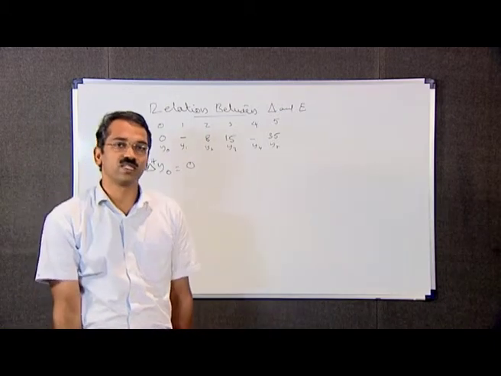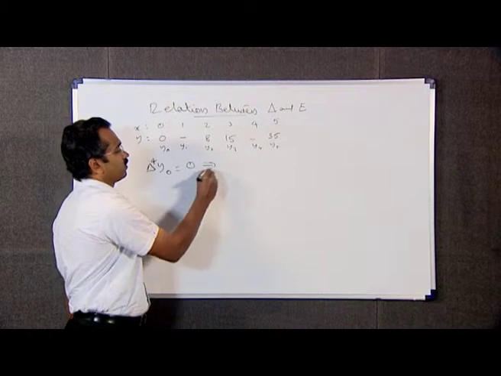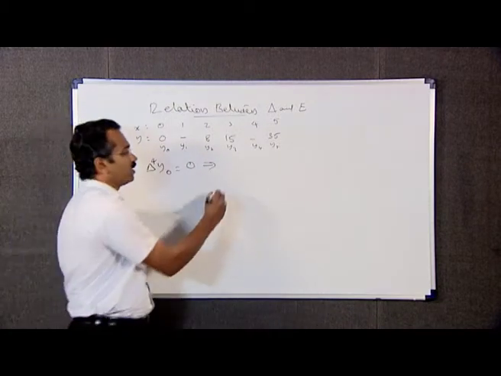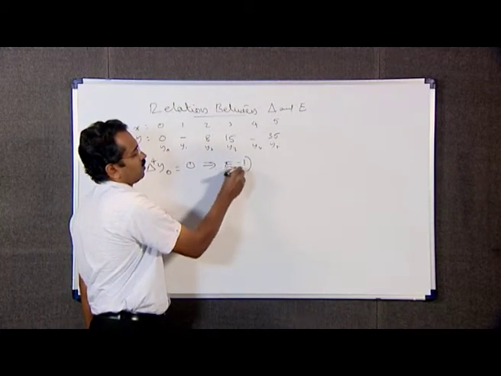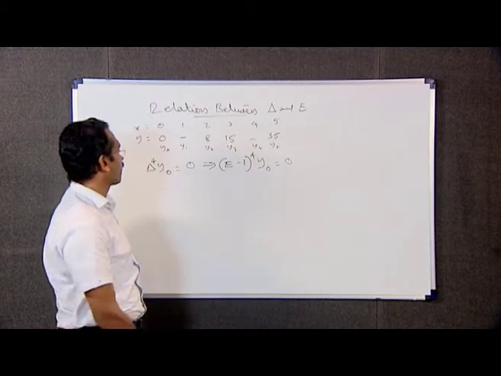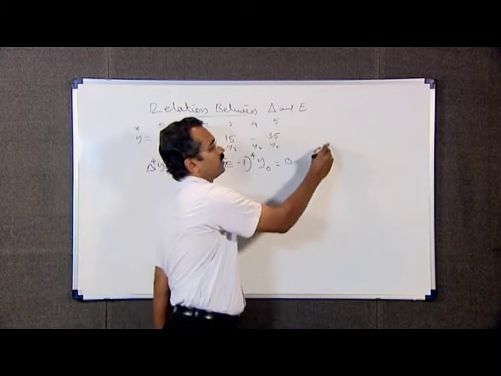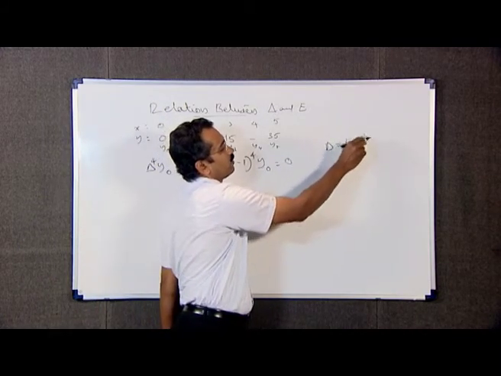That is delta raised to 4 y naught equal to 0, which implies (E minus 1) raised to 4 of y naught is equal to 0. We proved the identity delta is equal to E minus 1.